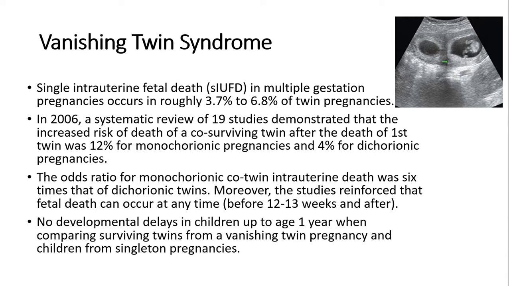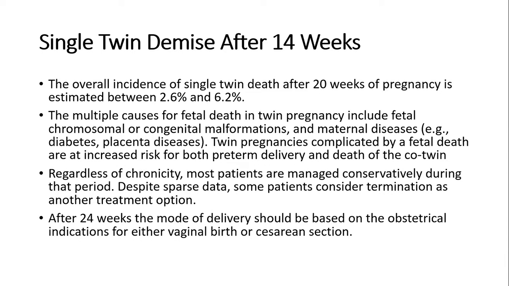No developmental delays were noted in children up to 1 year of age when comparing surviving twins from a vanishing twin pregnancy and singleton children. After the first trimester, the overall incidence of single twin death is estimated between 2.6 and 6.2%.